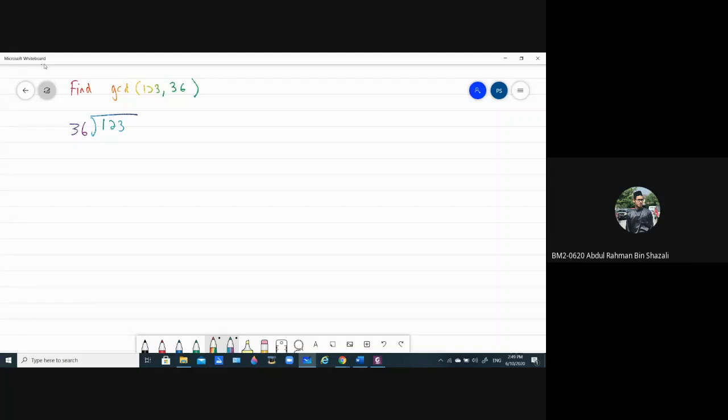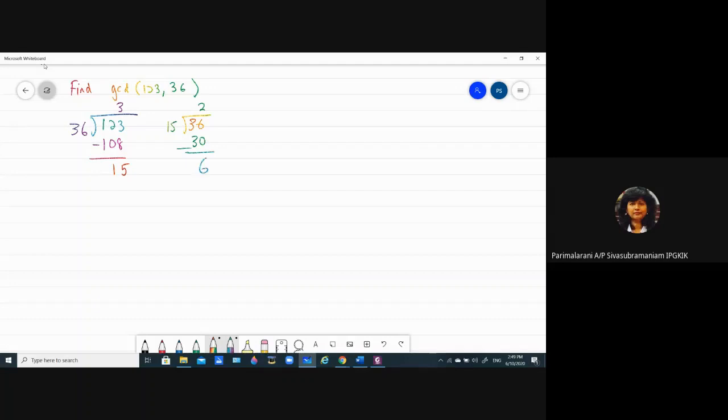How many times does 36 go into 123? 3. So 36 times 3 gives us 108. The remainder is 15. Now this divisor, 36, divided by 15. 15 times 2 is 30.